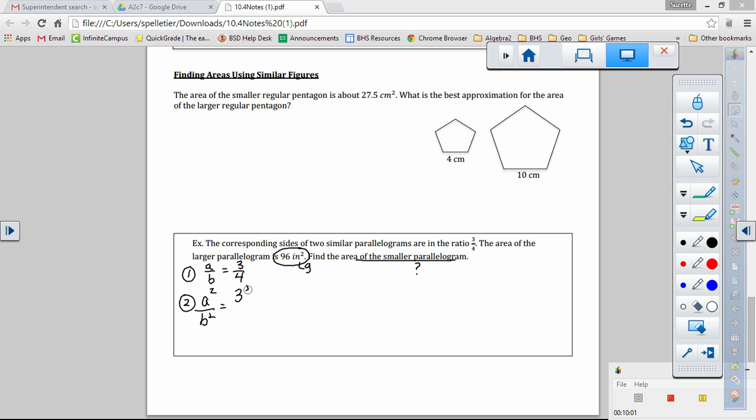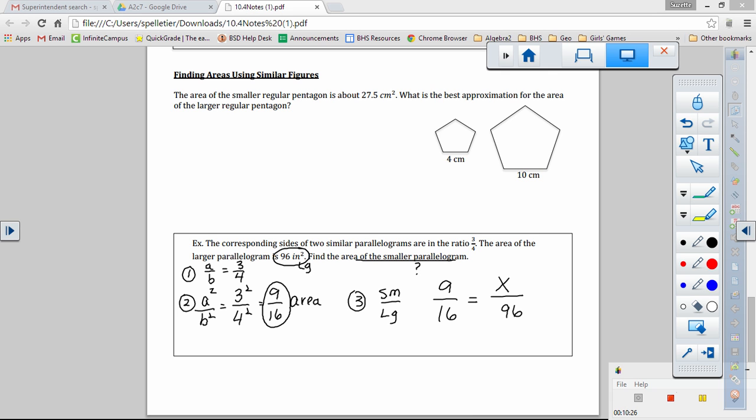So 3 squared over 4 squared. 3 times 3 is 9, 4 times 4 is 16. So this is my proportion that I'm going to use for the area. Okay? Step 3. Smaller is to larger. So 9 is to 16 as 96 was larger, so it has to go in the denominator, and I'm searching for the smaller one.